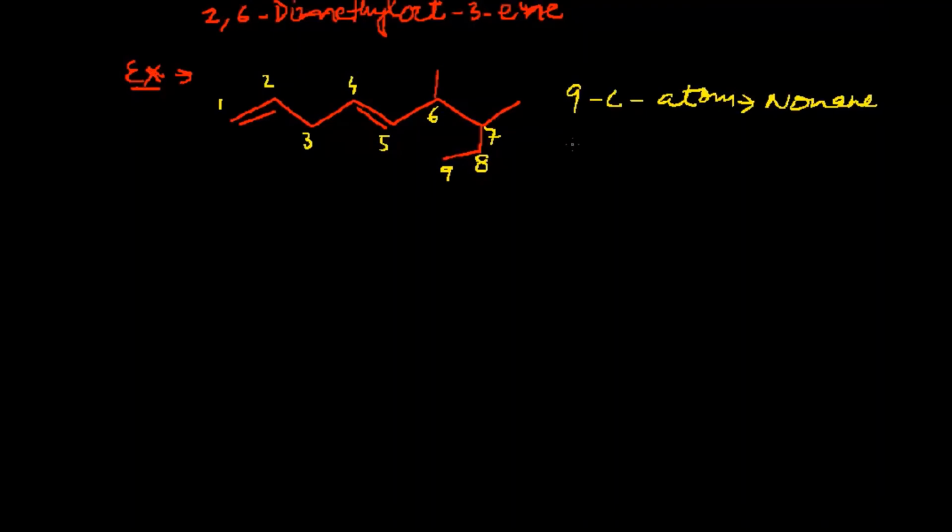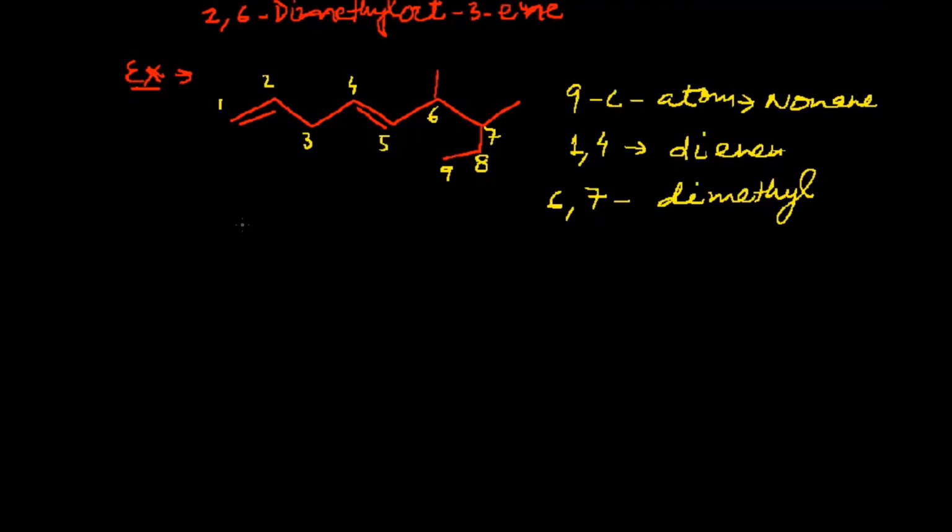So double bond at first and at fourth. So it is diene, and it has 2 substituents at 6th and 7th. So it is dimethyl.